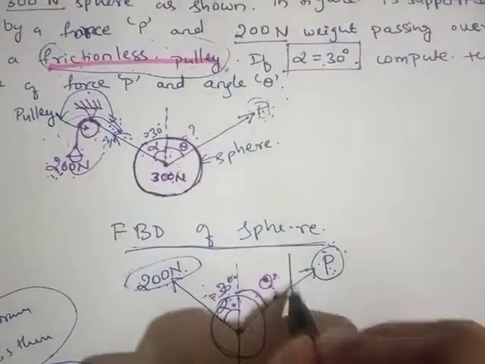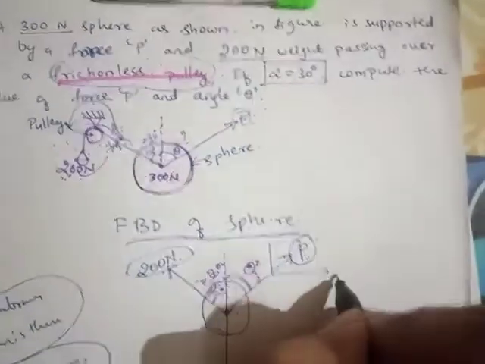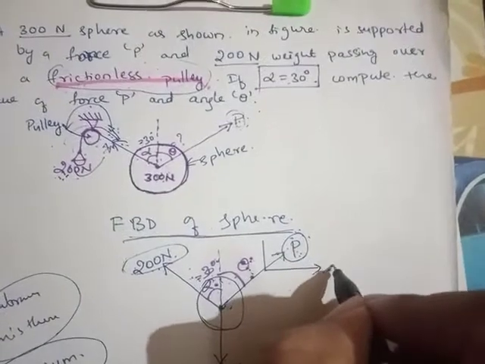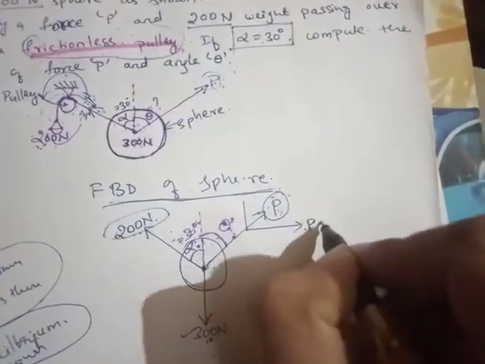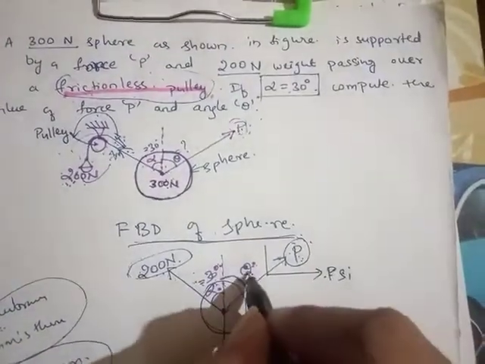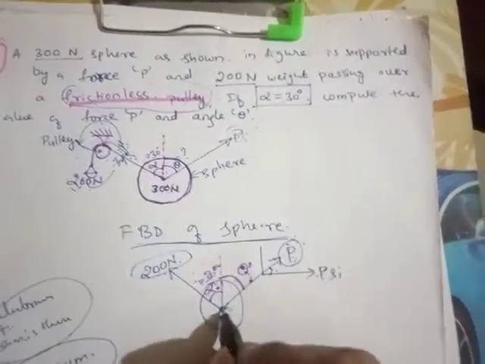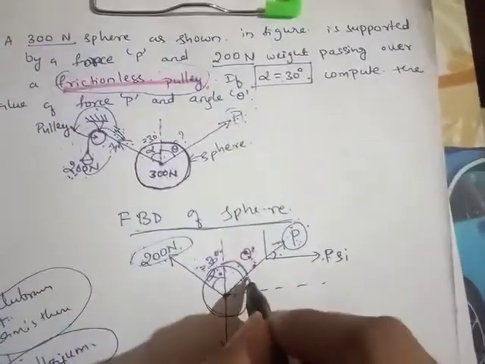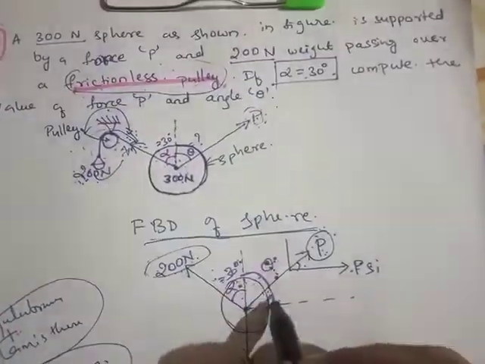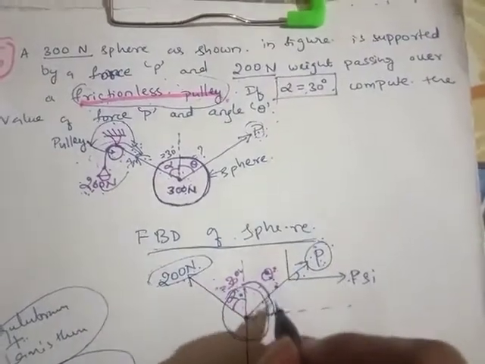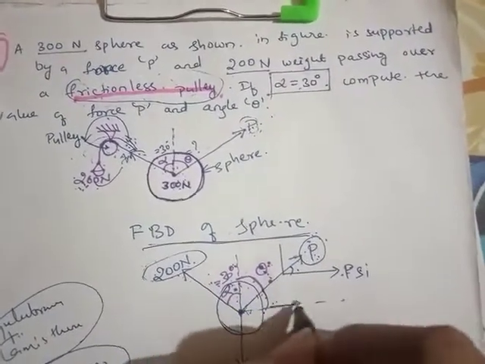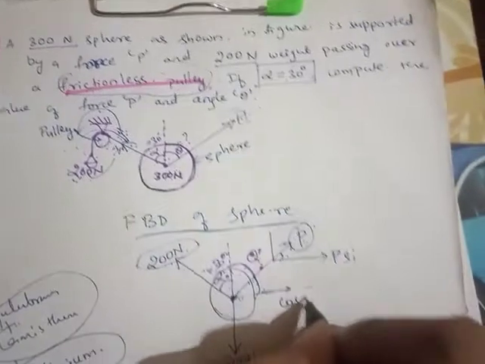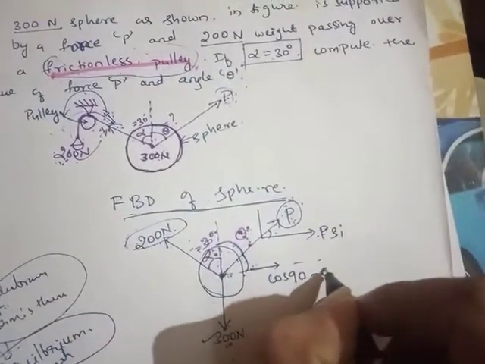First resolve the forces here. This one is the horizontal component, that is P sine. So what is this angle? This angle is perpendicular, so perpendicular means 90, so this angle is 90 minus theta, and the horizontal component is P cos 90 minus theta.